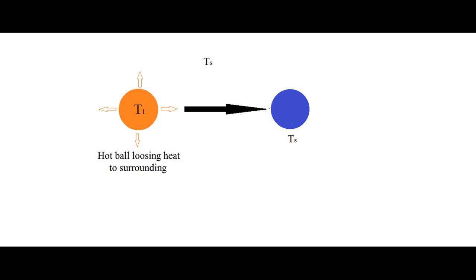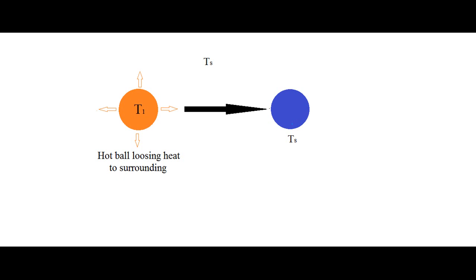So like this, the experiment is a hot ball kept in surrounding, and suppose it is a lumped system because Biot number is less than 0.1, and by losing heat it is cooling down, ultimately coming into thermal equilibrium with the surrounding. Now suppose we are starting from time equals to 0.